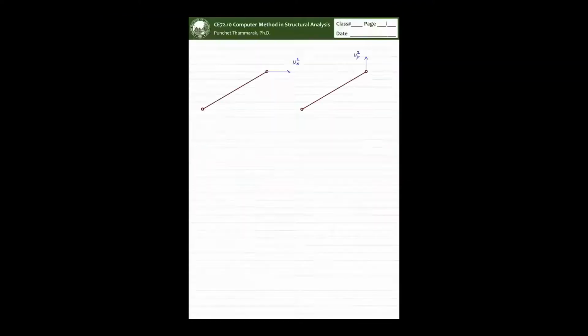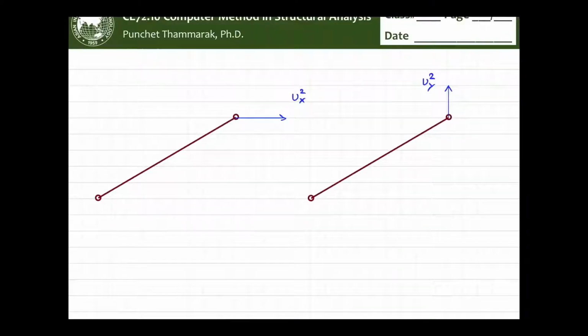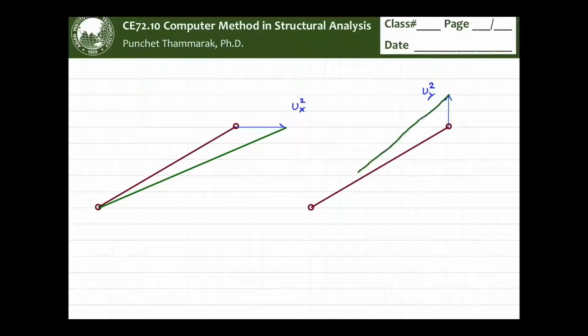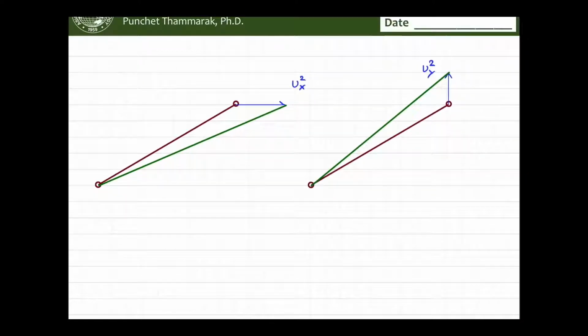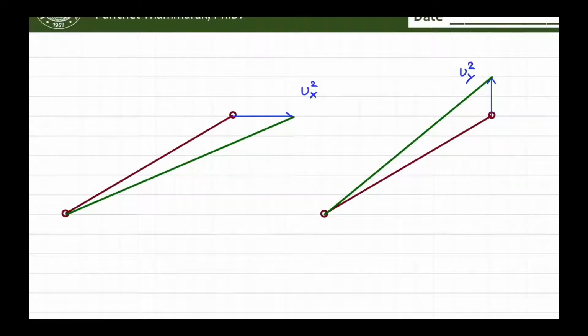The final configuration of the member will be in the green, like this, also like this, and we can find out the u2 lowercase.